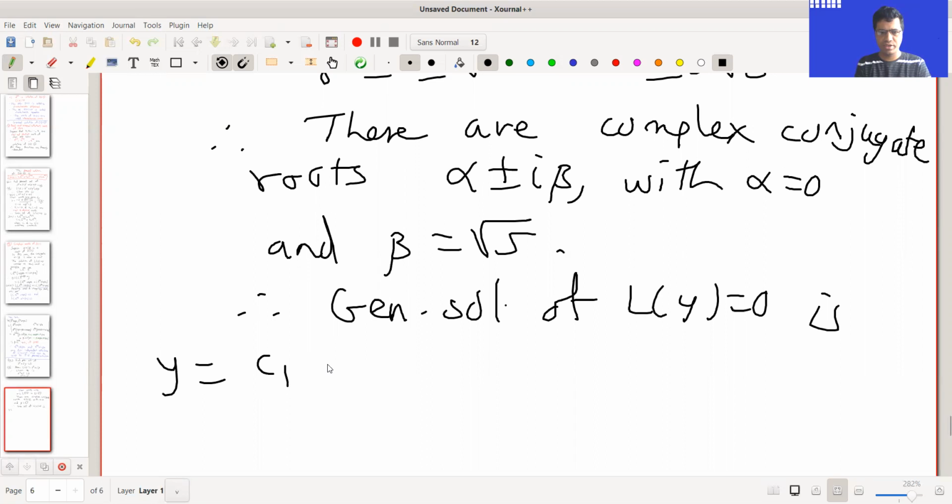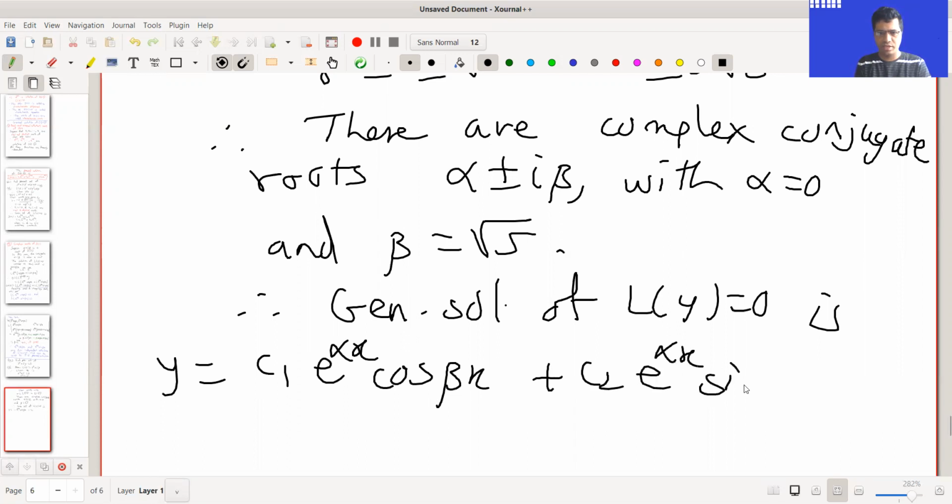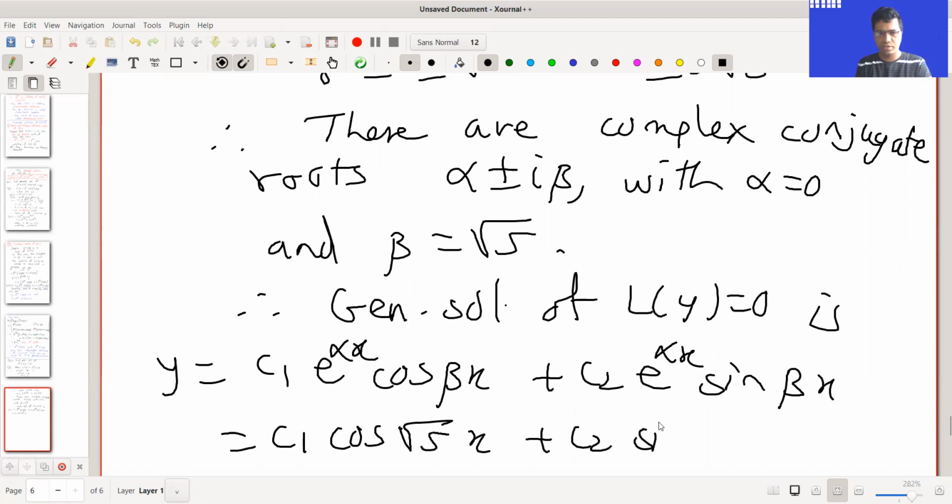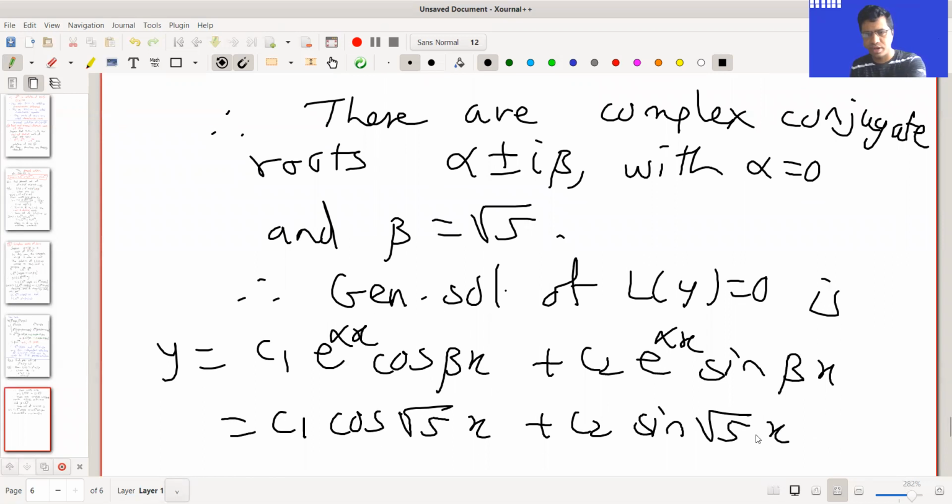So c1 into e raised to alpha x cos beta x plus c2 e raised to alpha x sin beta x. Alpha is 0, so e raised to 0 is 1. So this is c1 cos root 5 x plus c2 sin root 5 x. So this is the required solution.